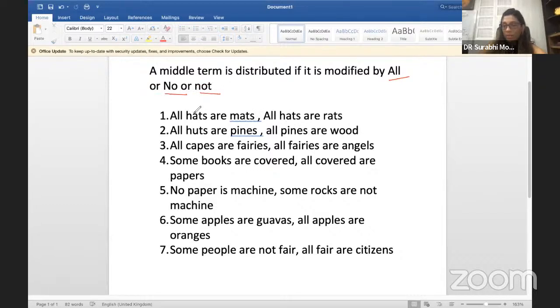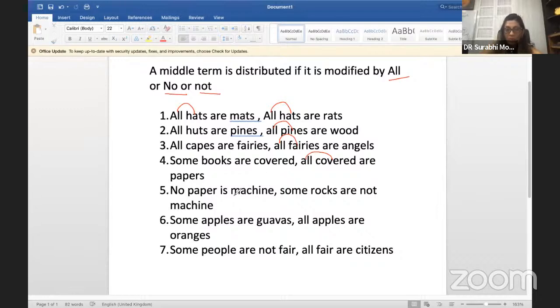Hats is the middle term. It is distributed twice. Pines is distributed once. We just have to see if it is written with all or not. Fairies is distributed once. Covered is distributed once.